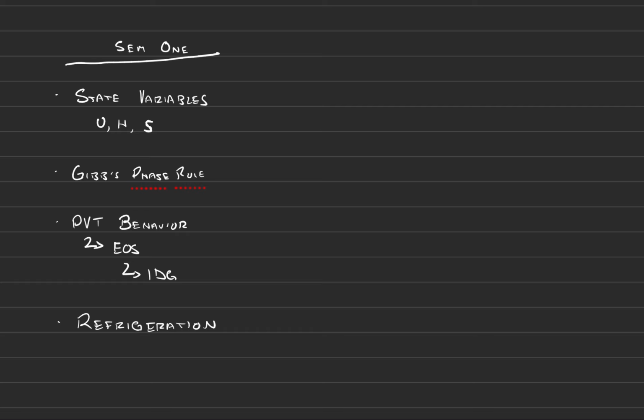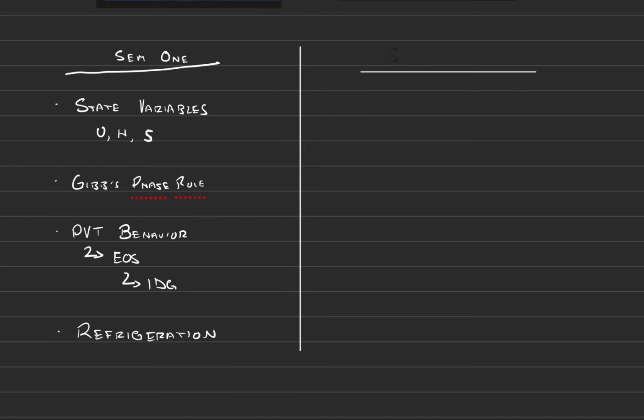Now, the next set of courses here is mostly dealing with VLE. So semester 2 is mostly going to be looking at vapor-liquid equilibrium and everything that entails. That's going to entail fugacity, activity, and all the different more complicated models.